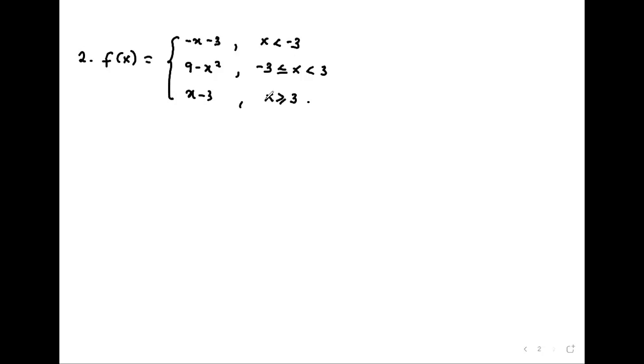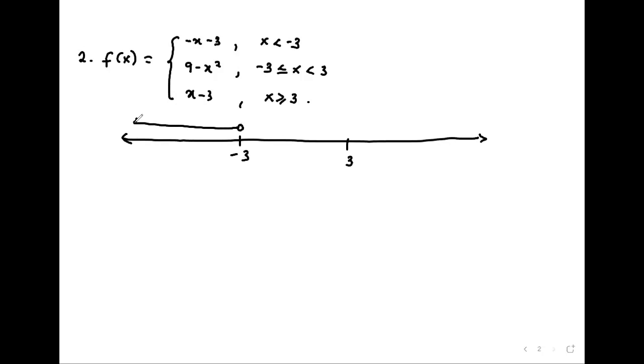So if I had a line like this, I have negative 3, I also have 3. So from here, going to the left, this f of x is negative x minus 3. And from here all the way up to 3, this f of x here is 9 minus x squared.